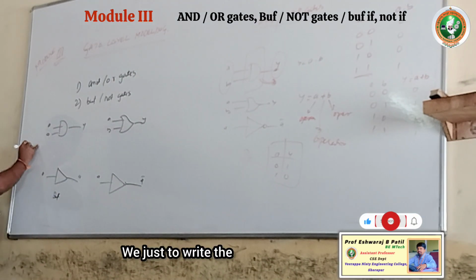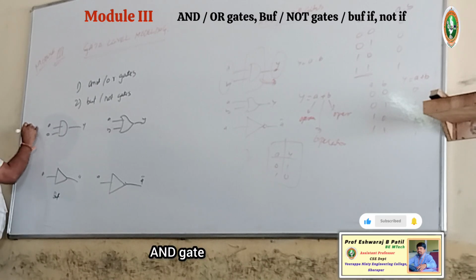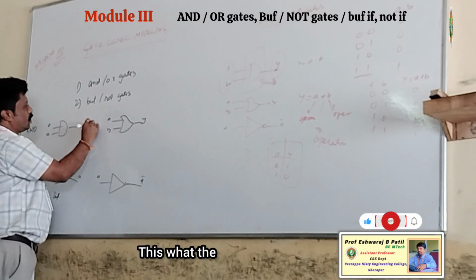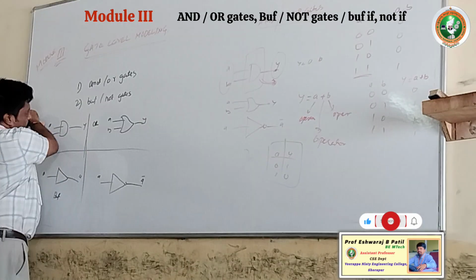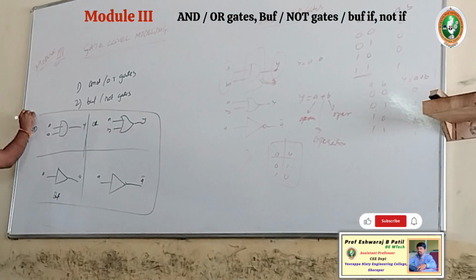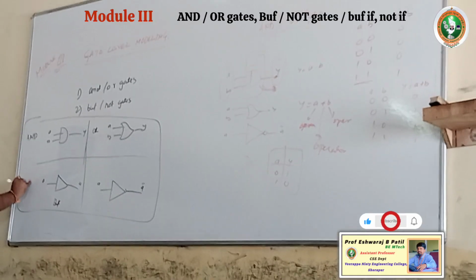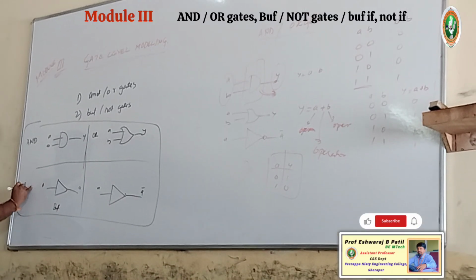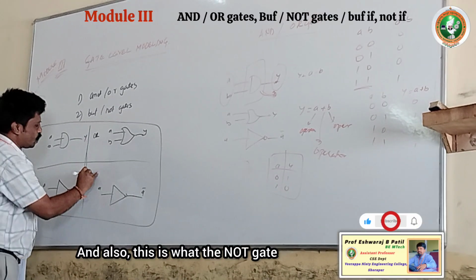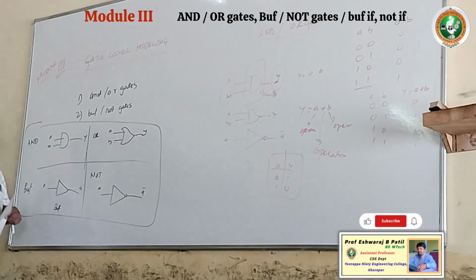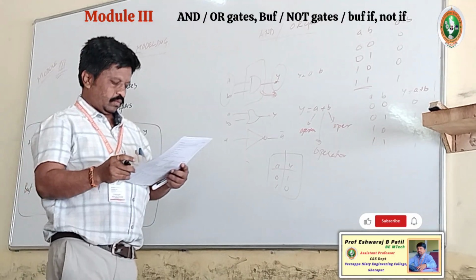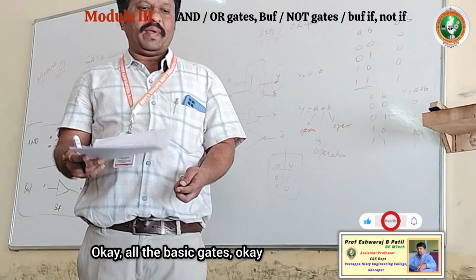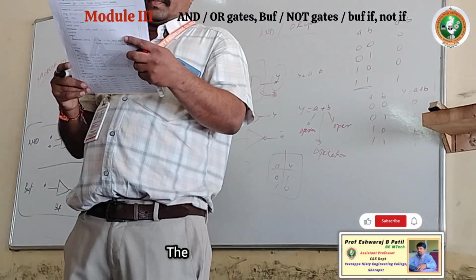Just write the AND gate. This is the OR gate. This is the buffer, and this is the NOT gate. You should copy these things. All the basic gates.